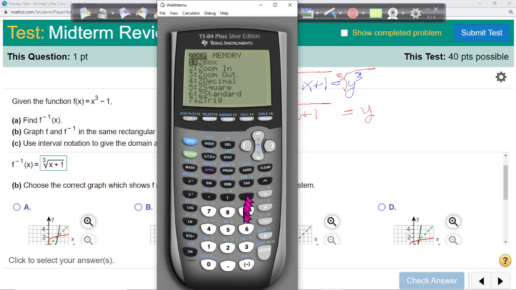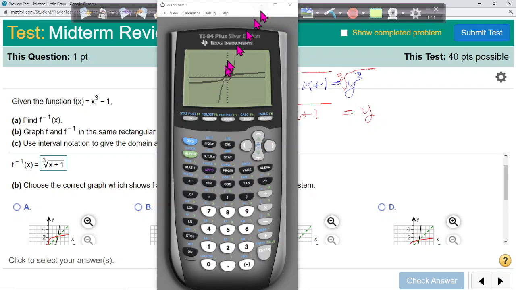I'm going to go zoom 6. That gives me my standard window. Here's the first one, and here's the other one. So that's what an inverse is supposed to be, a reflection over the line y equals x. Okay, so this 45-degree, they just kind of flip over. So that's what it should be looking like.